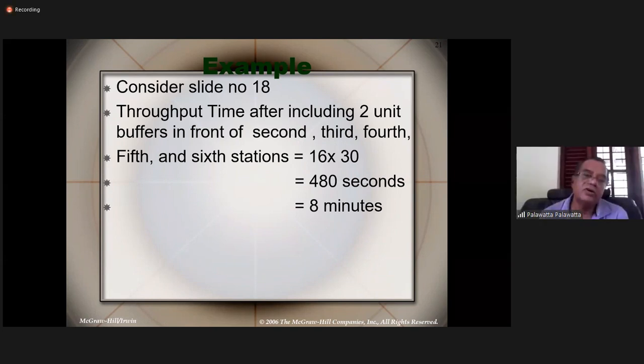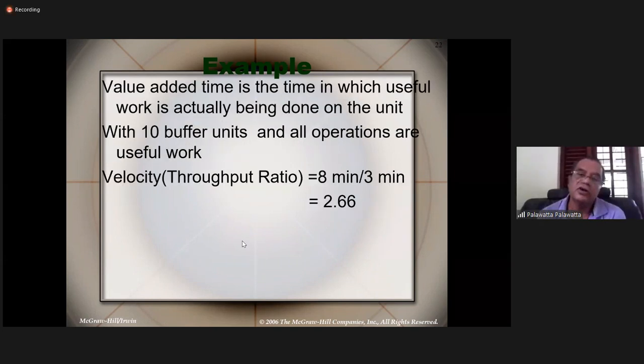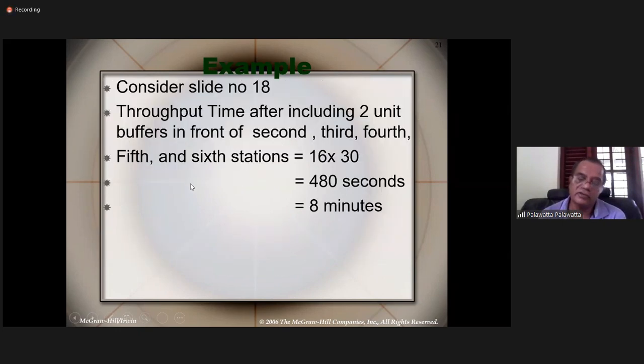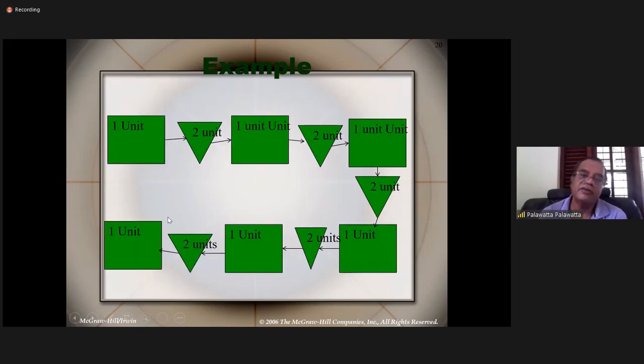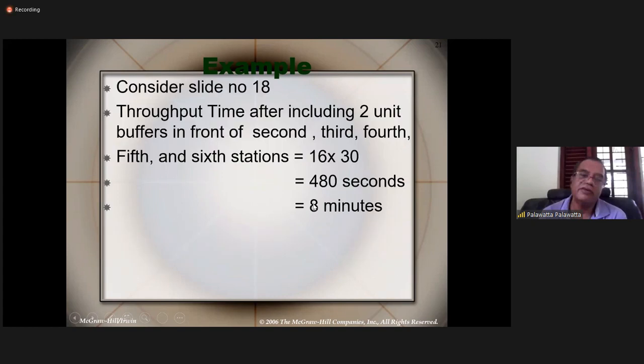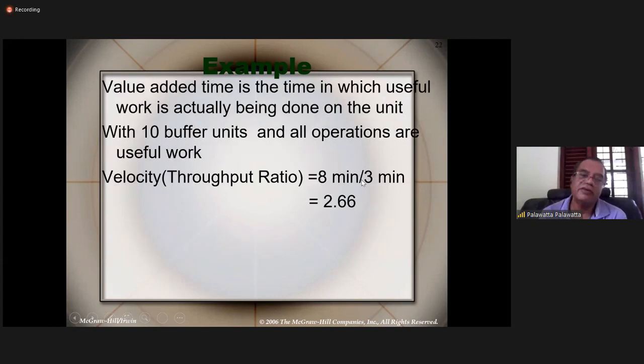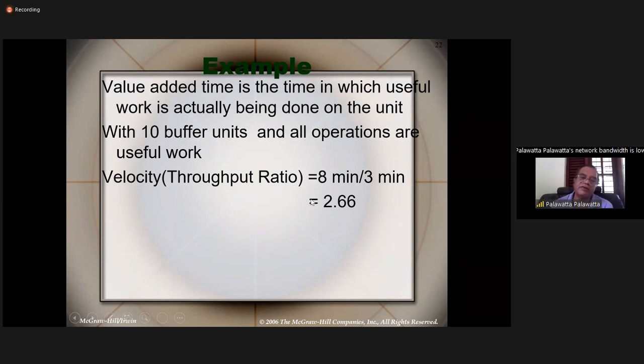And then we calculate the velocity. So velocity for this case with the buffer equals 8 minutes divided by 3 minutes, that is 2.66. Velocity doesn't actually have a dimension because it has to be calculated in the same time dimension. If you are using minutes in the numerator, you have to use minutes in the denominator as well.